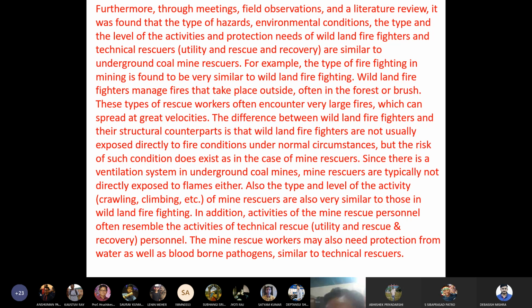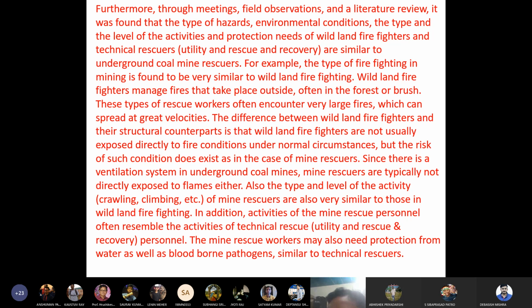The mine rescue workers may also need protection from water as well as blood-borne pathogens, similar to technical rescuers. So these are the problems faced by the rescue team members. So these are the research areas where a lot of research can be done to give comfort to the mine rescue team members.